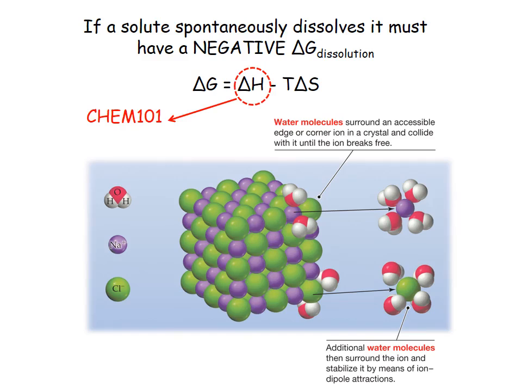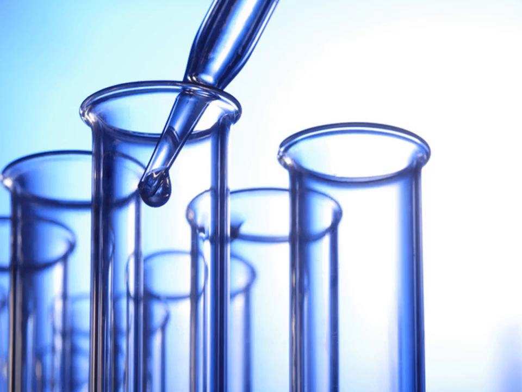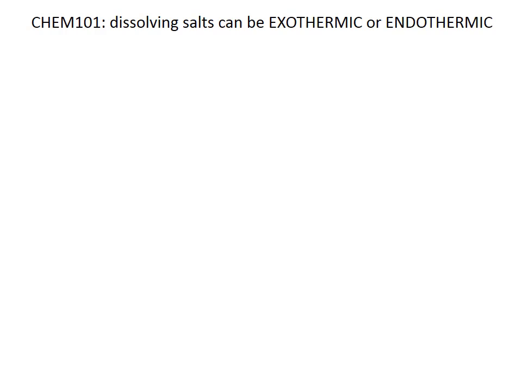Now, you did a lot of lab work on delta H in Chem 101. You did a lab that involved taking different salts and dissolving them in water in beakers, and then you felt the test tube to decide whether or not the delta H for dissolving that salt was positive or negative, right? Does the test tube get hot?